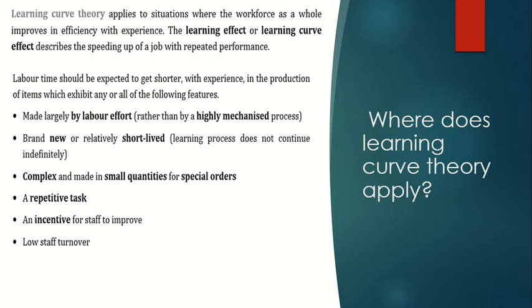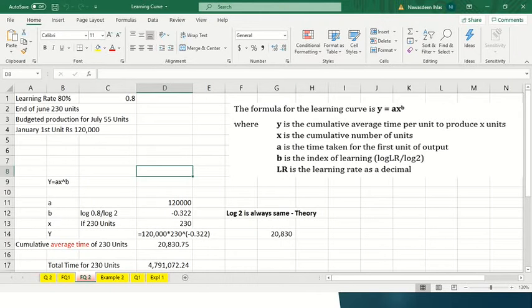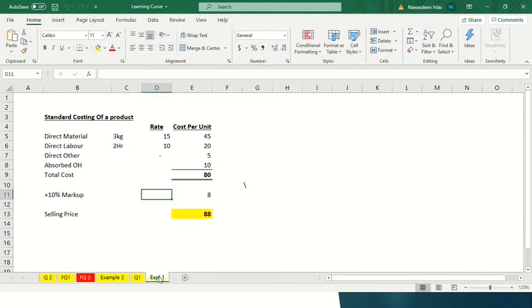So here I'll take one practical example. Here you can see why learning curve theory is important. I have taken one example, standard cost of a product. You can see how we are computing a standard cost of a product.